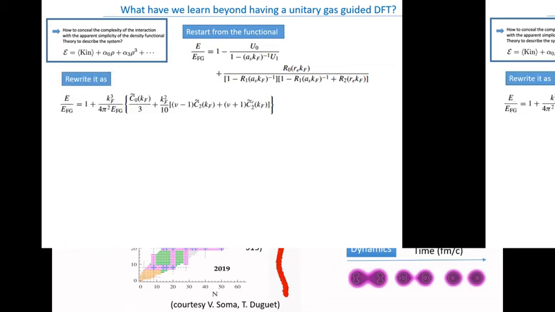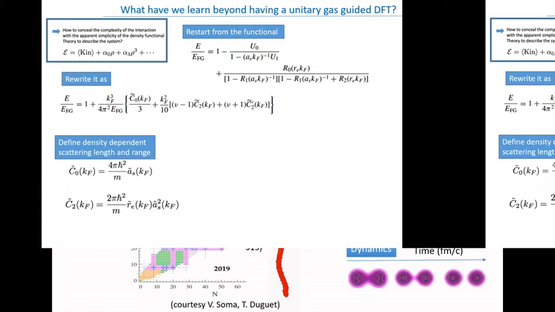So what we did actually is that we interpreted this as a density-dependent coefficient, or kF-dependent coefficient, like in a Lee-Yang formula, except that now you have renormalization of the coupling constant. The idea was you start from this and try to write it like this, and just look at what is happening. It gives you an S-wave coefficient and an effective range coefficient that depend on density, and then you just write it and plot it.